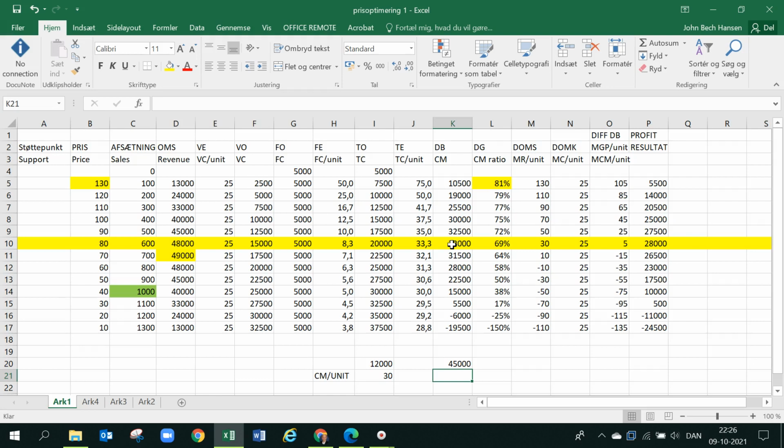But if I say, no, I will instead increase my price to 100 in the Danish market and then suffer a loss in sales from 600 to 400, then my contribution margin will go down and only be 30,000.